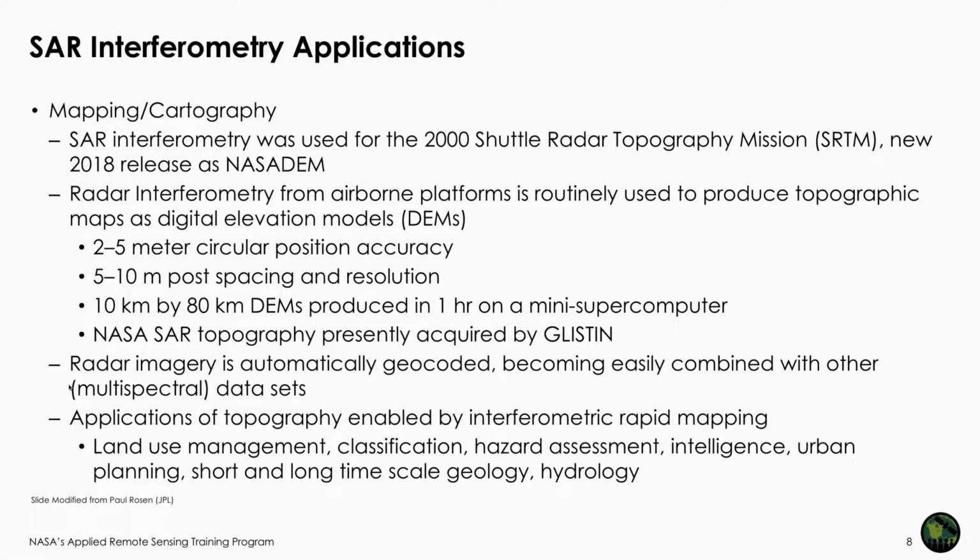One of the key things when you process the radar interferometry data is that it's automatically in a geocoded coordinate system. A lot of times when people are starting to do these new techniques like structure from motion with drone images, they need some external reference to tie down the DEM, but the radar imaging is automatically geocoded, so that's a big advantage.